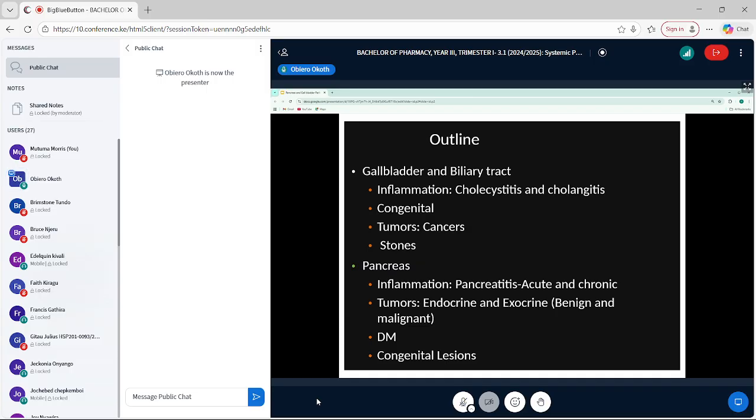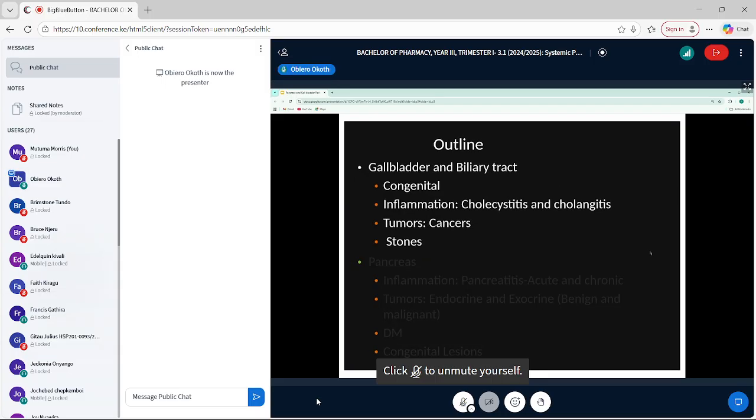We'll mention the etiopathogenesis and what you see in the pancreas in a patient with diabetes mellitus. But diabetes mellitus is more of a chemistry than a histopathology disease. Congenital lesions, we're only going to mention one. Okay, so the gallbladder: congenital, inflammation, tumors, and the stones.